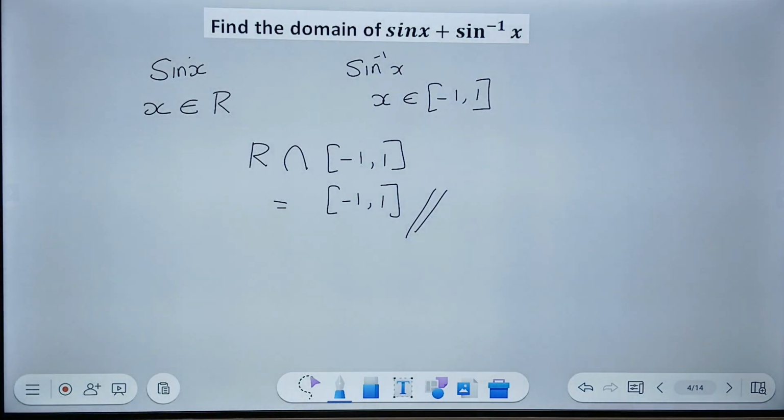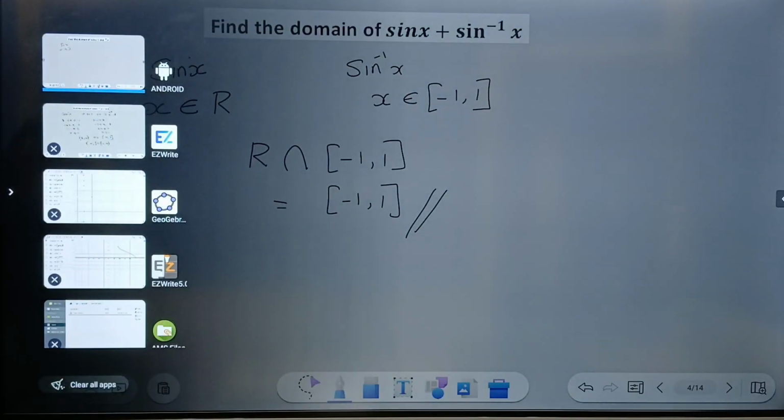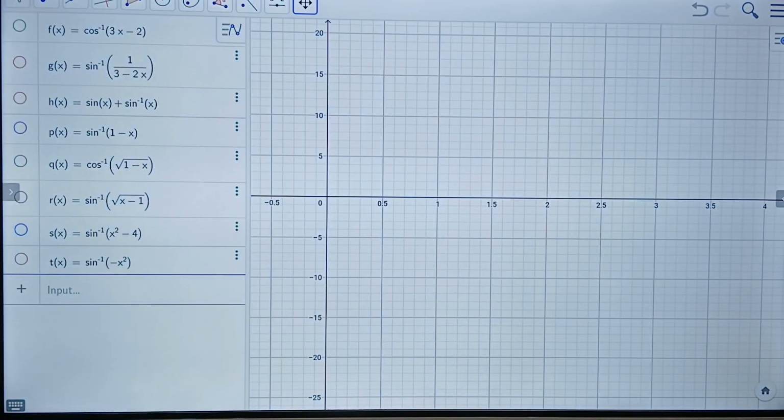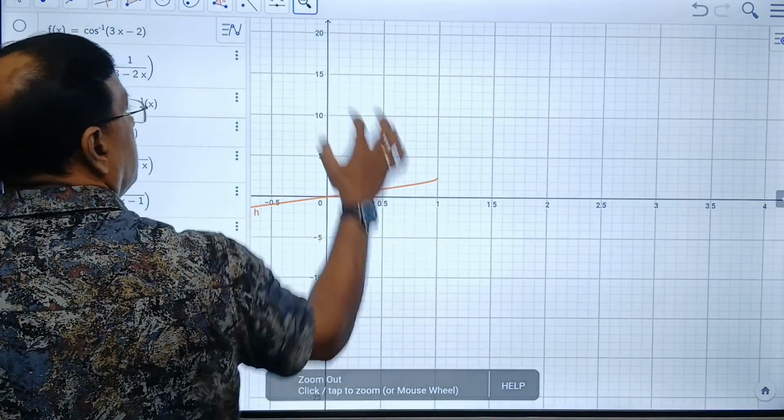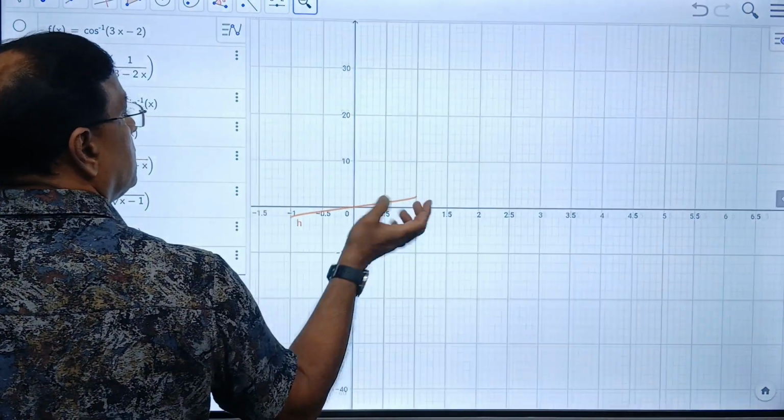And let us have a look at the graph also. Actually I like the graph more because it gives me more understanding. This is the graph, sin x plus sine inverse of x. See what happens. See this is the graph.